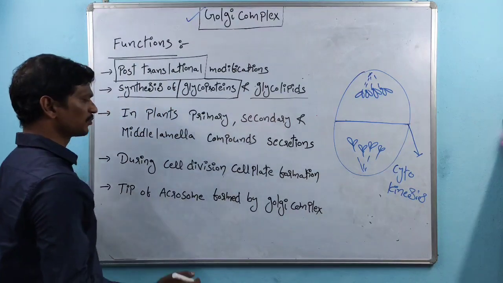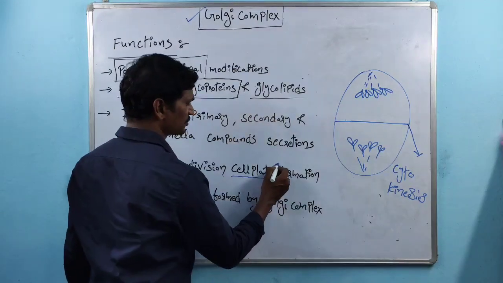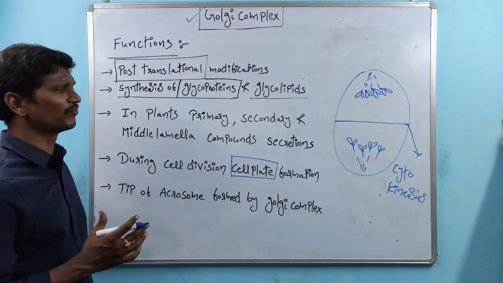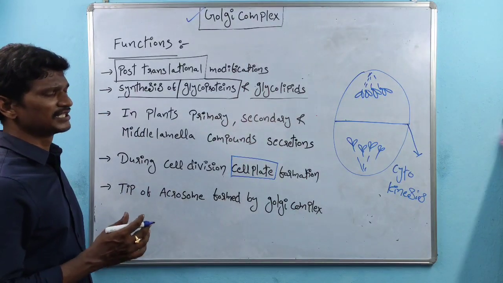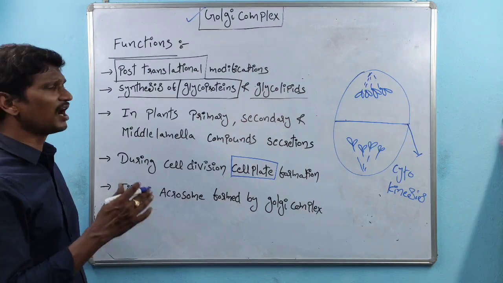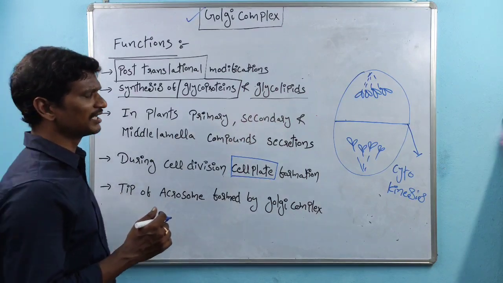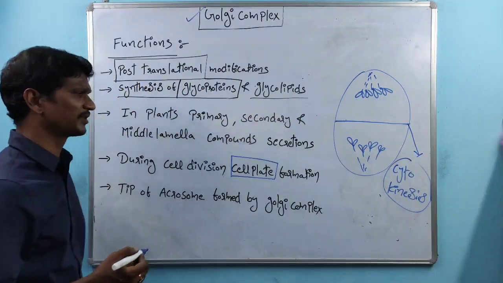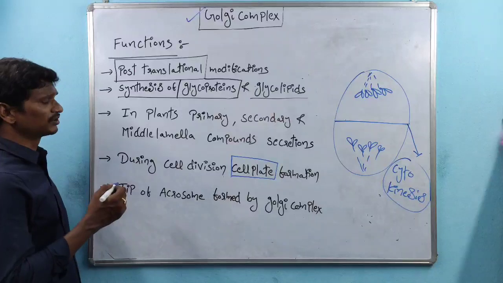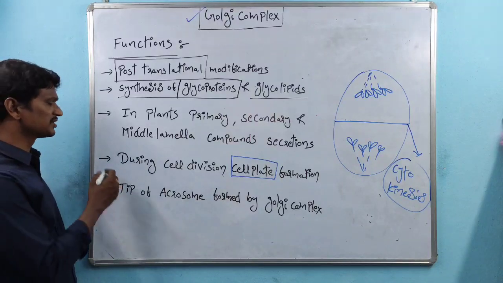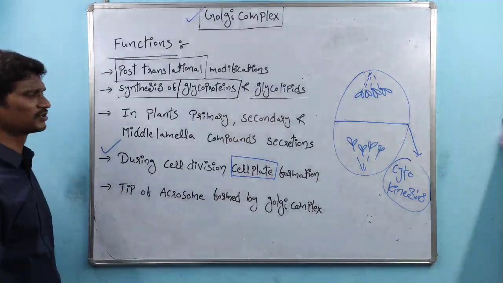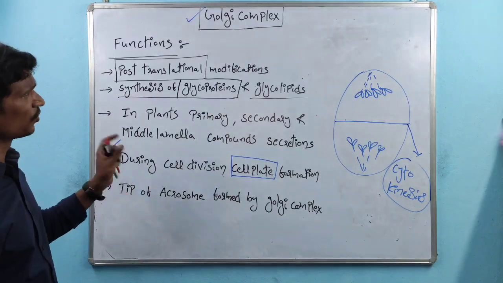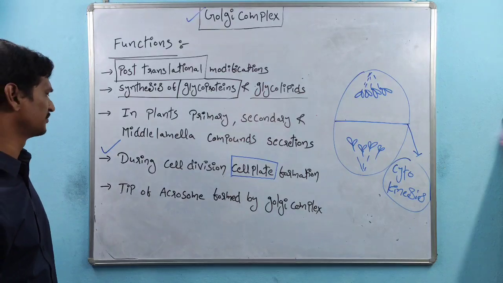So during the cell division process, the cell plate is formed by the Golgi complex, and a group of proteins are involved. At the center of the cell all chromosomes are arranged, and that line also supports the separation of cytoplasm. So the Golgi complex is also involved in cell plate formation. That is about the role of the Golgi complex during cell division.